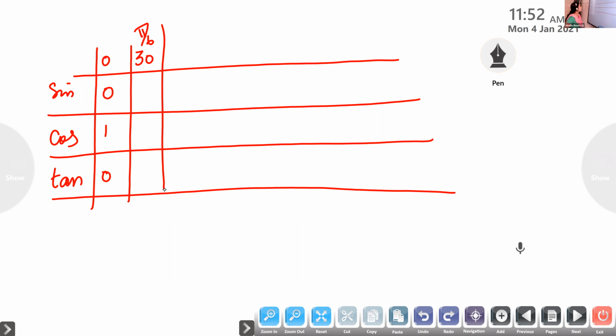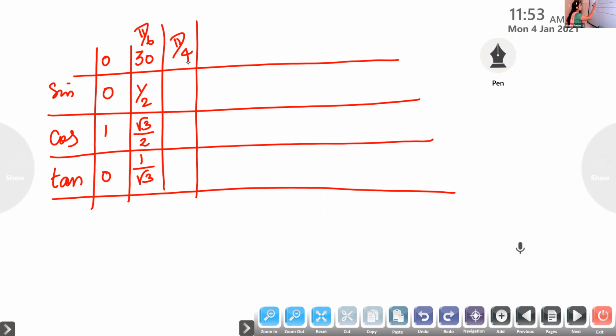What is sine pi by 6? 1 by 2. Cos pi by 6? Root 3 by 2. Tan pi by 6 is 1 by root 3. Then pi by 4. Pi by 4 means 45, isn't it?